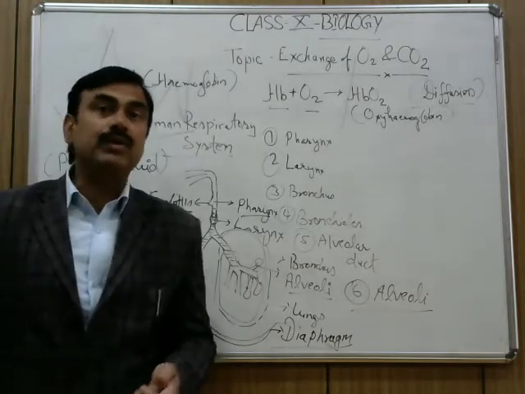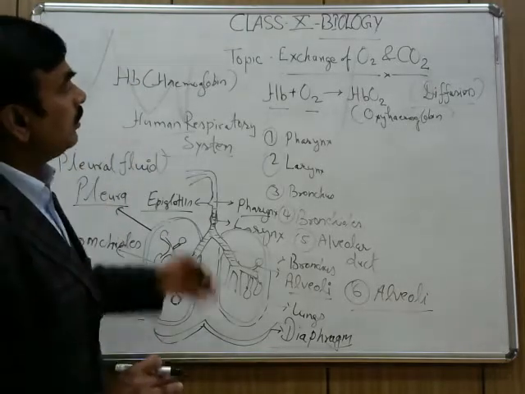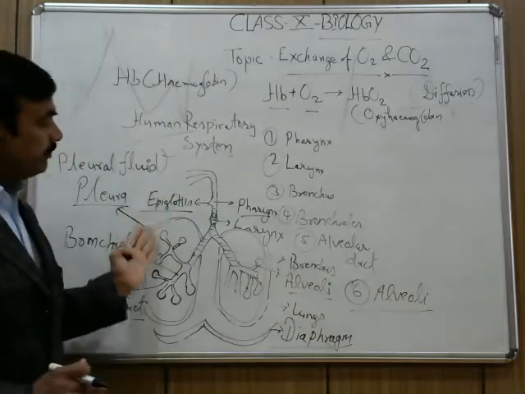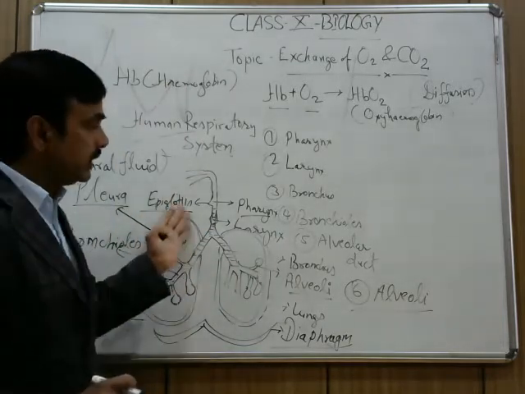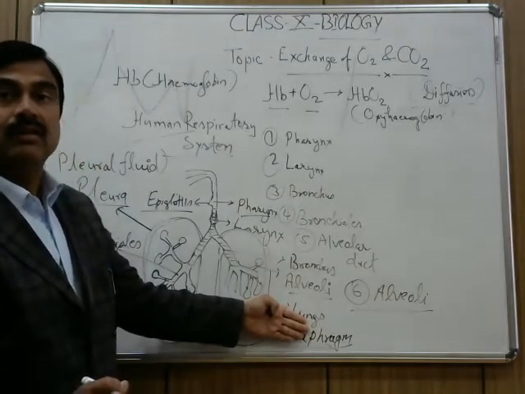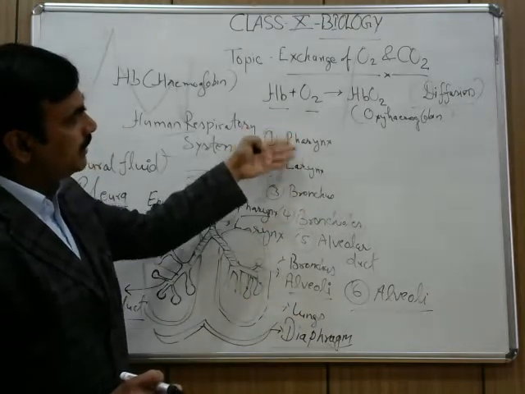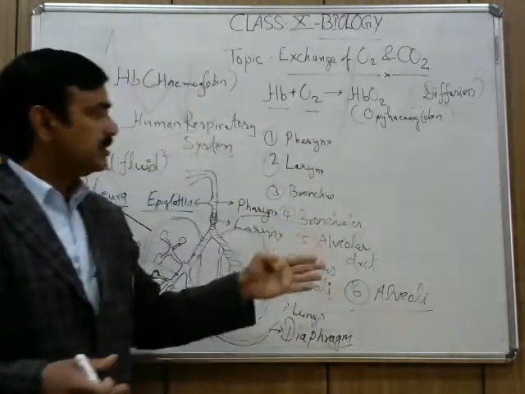By the diffusion process, it will take place. Right? So that was the human respiratory system diagram. I'm sure that you have drawn this. Then the path of the human respiratory system: pharynx, larynx, bronchus, bronchioles, and alveoli.